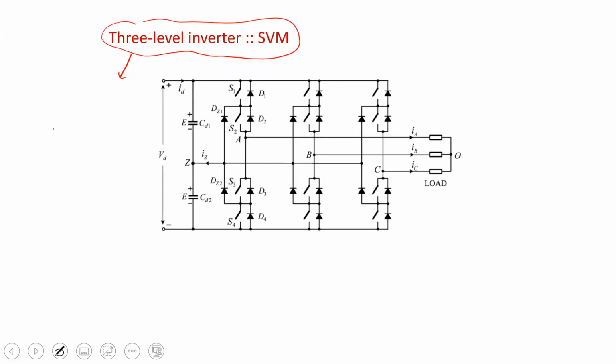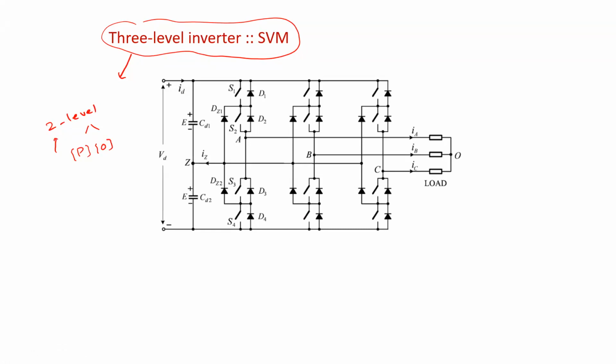So when you study the 2-level inverter, how many switch states are there? Either it is P state or 0 state, right? That's why it is known as a 2-level inverter. When it's P, the upper switch is on. 0 means the upper switch is off.